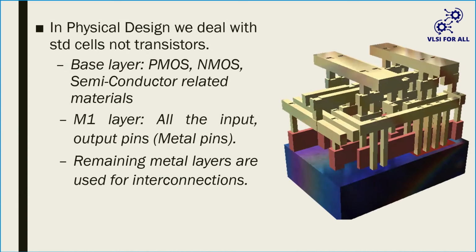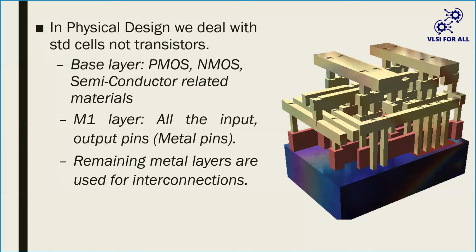So I mean to say, even here you can see the design. The base layer contains all the PMOS, NMOS, and semiconductor related materials, and the M1 layer contains the device metal pins, and from there onwards, above, you will use it for interconnections.